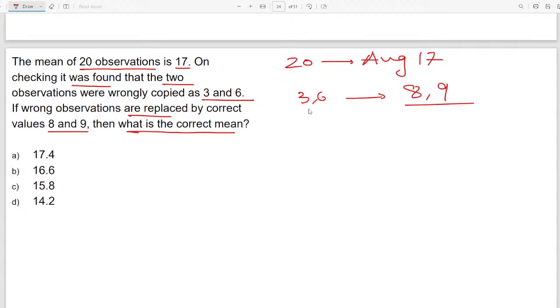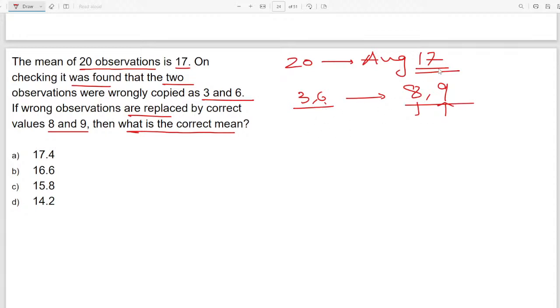If you observe here, the old average was 17 and the numbers were 3 and 6. But they are saying that instead of 3, it should have been 8, and instead of 6, it should have been 9. So the sum would be more actually.